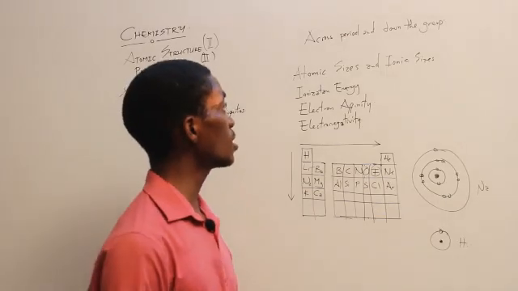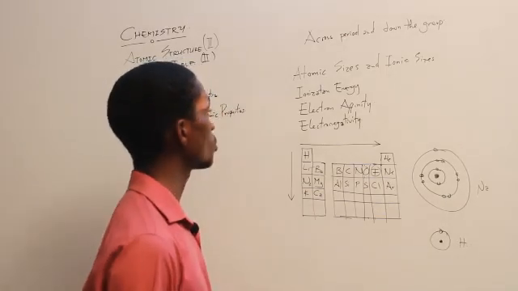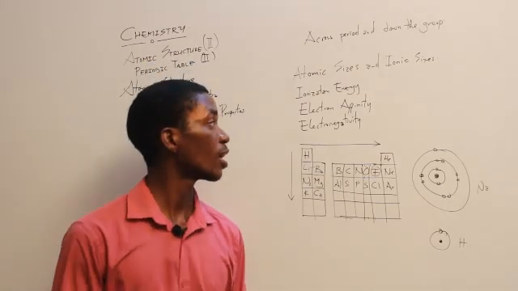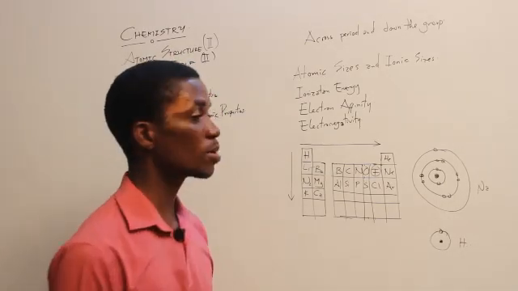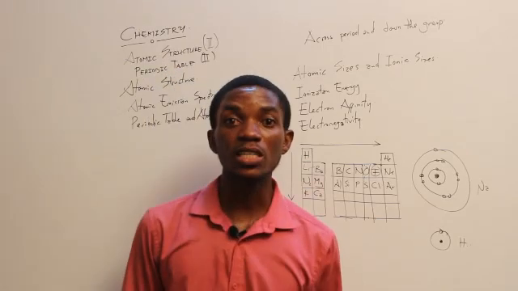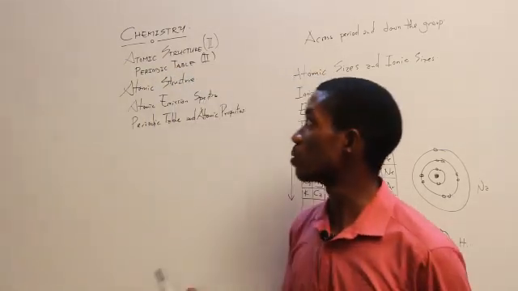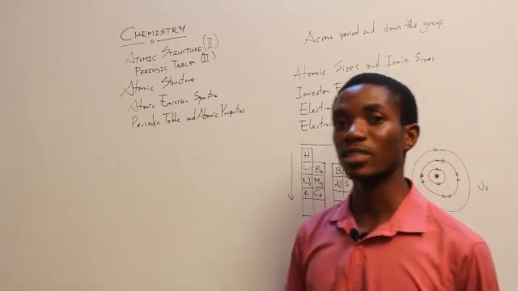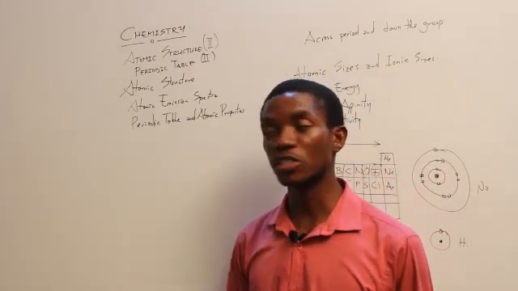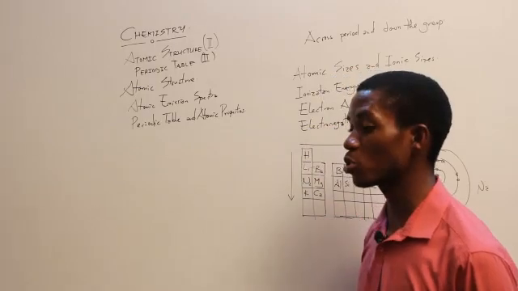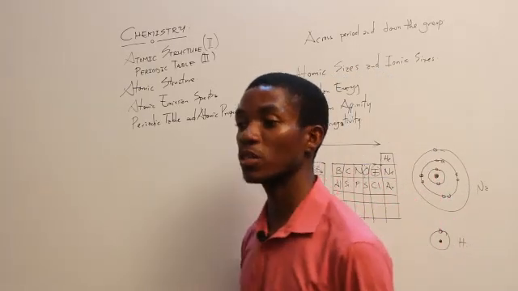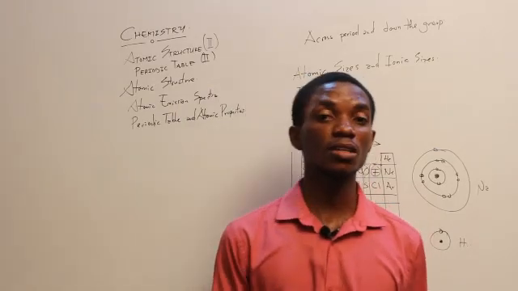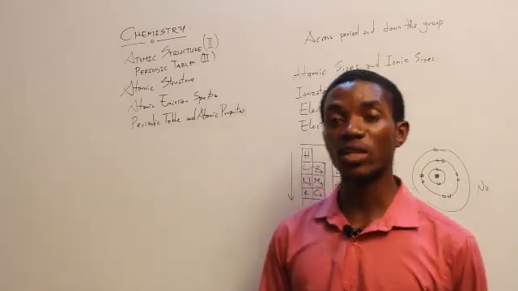So this is what we have to talk about when it comes to the periodic table and properties of elements, the atomic properties. So in this particular lesson, we looked at the atomic structure, the part 2 of atomic structure, and also the part 2 of the periodic table. We talked about the atomic structures and the different components of the atomic structure, that is the proton, the neutron, the electron, how they are discovered, who discovered them, when they were discovered.